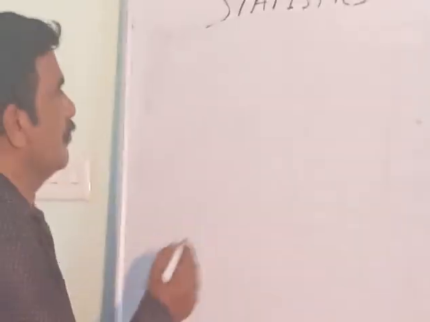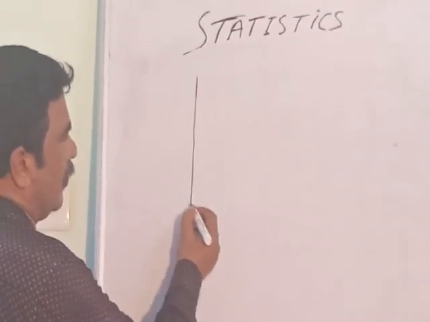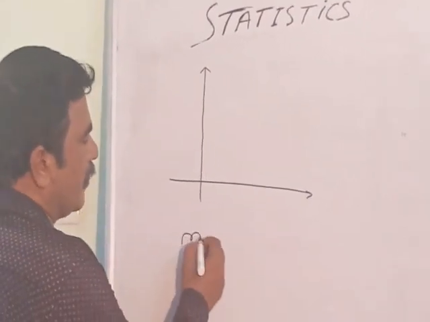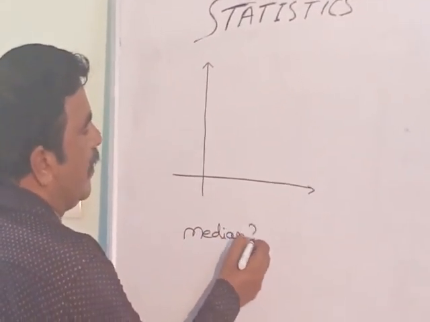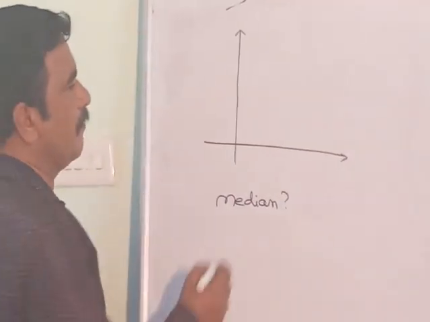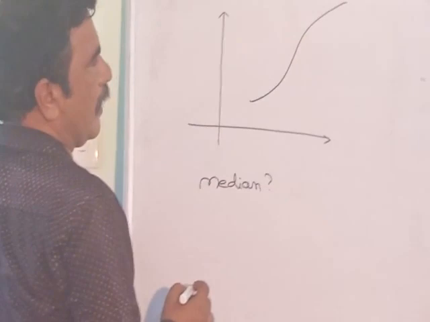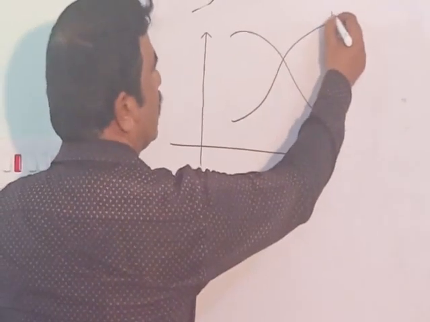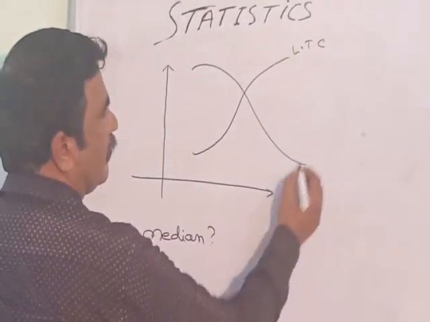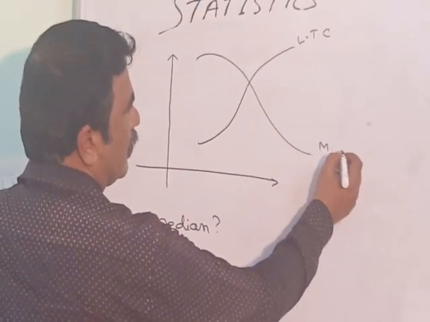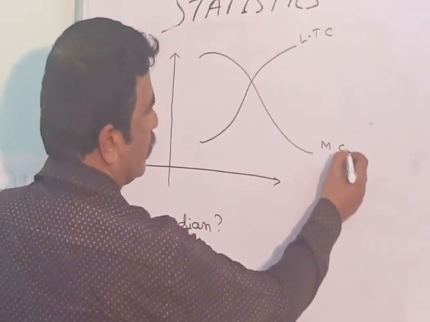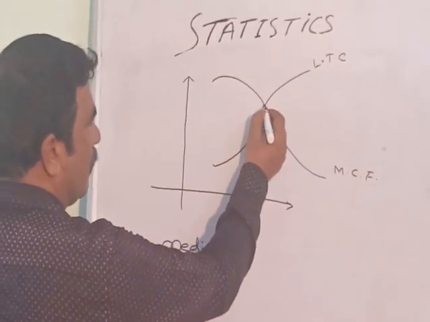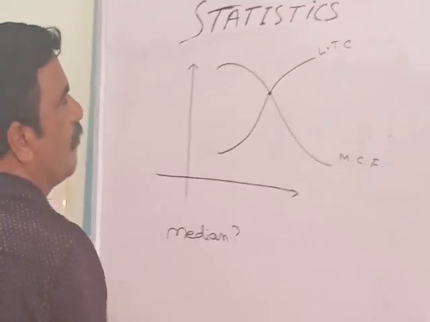Now, if both graphs are given on the graph sheet or question paper, he will ask to find the median. The first one is less than cumulative, like an upward S; the downward S is more than. This is the less than cumulative frequency graph. This is the more than cumulative frequency graph. If it is like this, this point will be the point of intersection of both graphs.